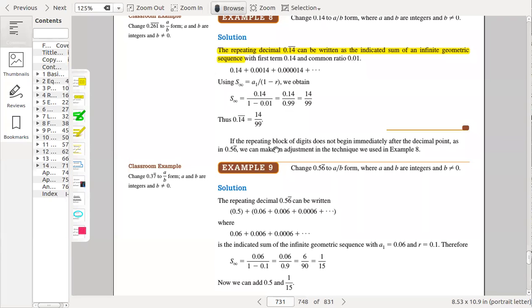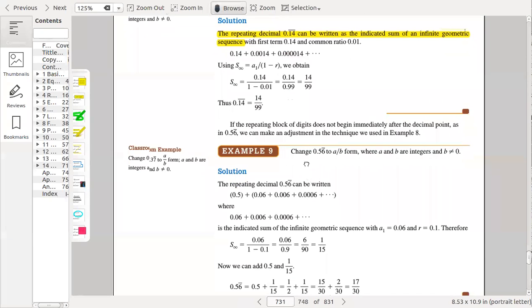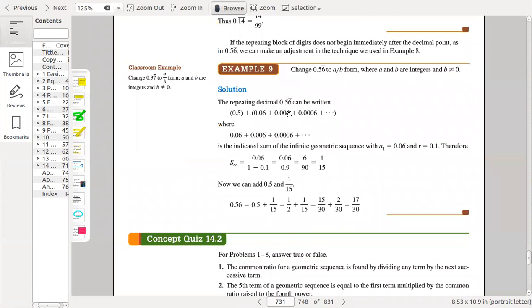If the repeating block of digits does not begin immediately after the decimal point, as in 0.56 bar, we can make an adjustment in the technique we use. So how can we proceed?